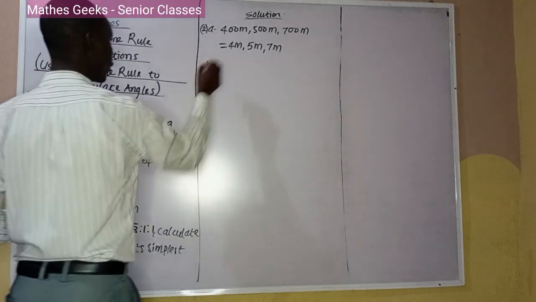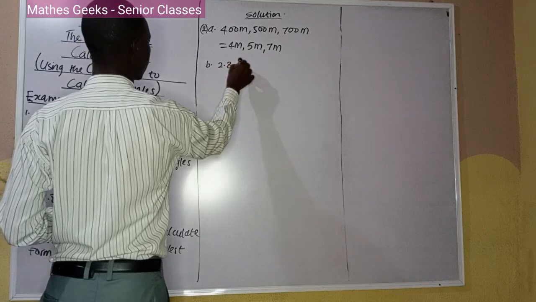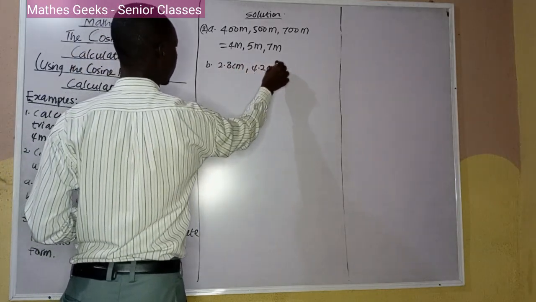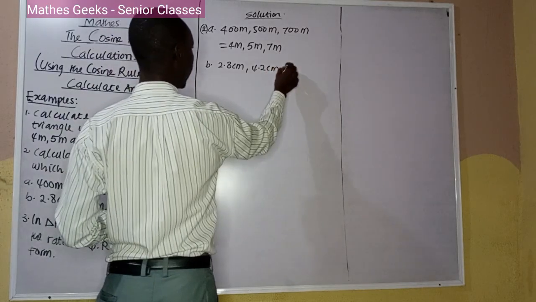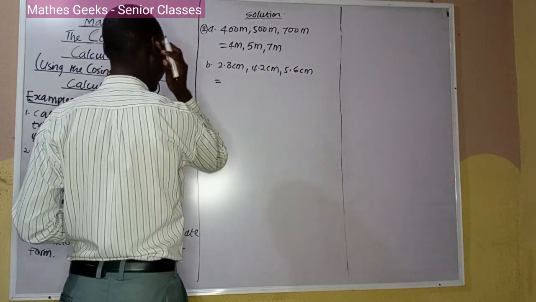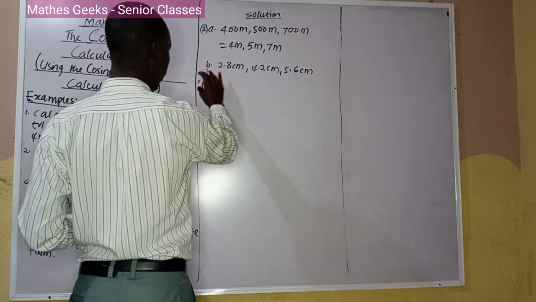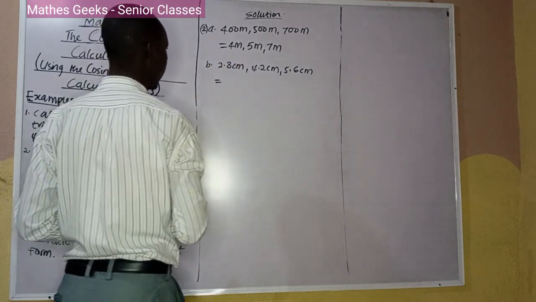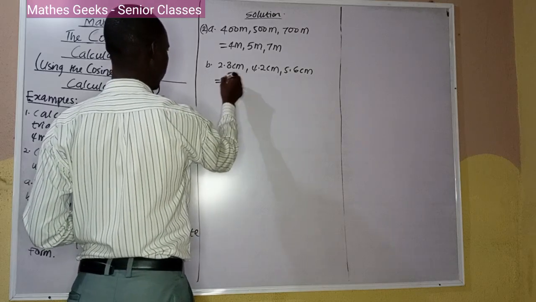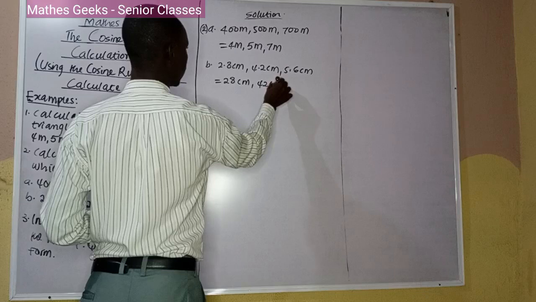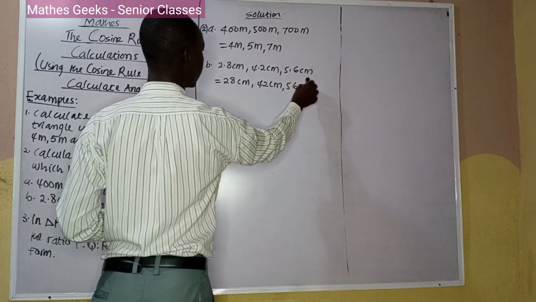These dimensions are 2.8 centimeters, 4.2 centimeters, and 5.6 centimeters. We make everything whole numbers by multiplying through by 10, so we have 28 centimeters, 42 centimeters, and 56 centimeters.